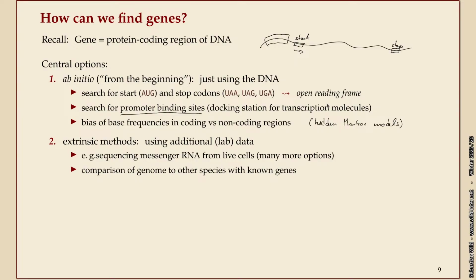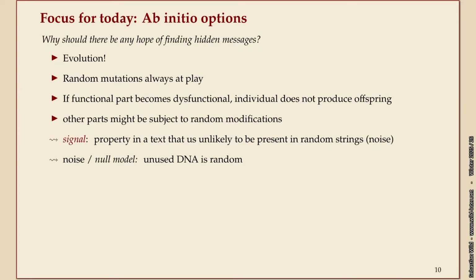So it's a long substring that does not contain any of the stop codons. And if DNA were random, or if there was no reason for evolution to stop mutating away from a specific place, then it would do so. That's the assumption. And then we would see only very short such regions, such open reading frames. So in turn, if you see in some actual genome a very long open reading frame, it's probably an actual gene.